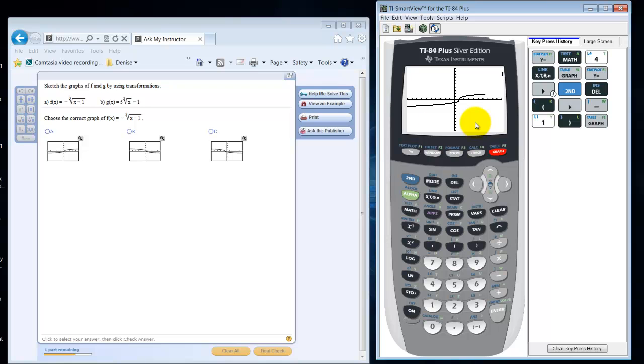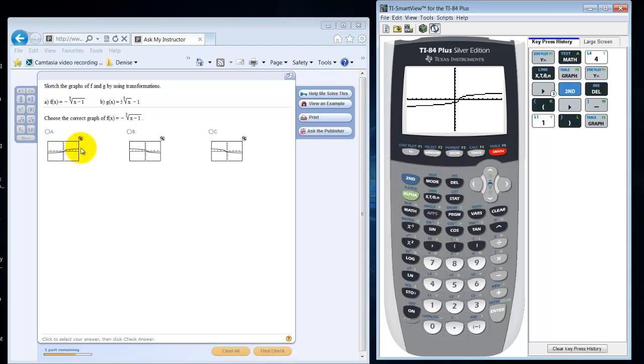So there's the same shape, but it has moved. See, this change in slope was on the x-axis, but it's moved over to the right. So that's looking like either this one or this one.